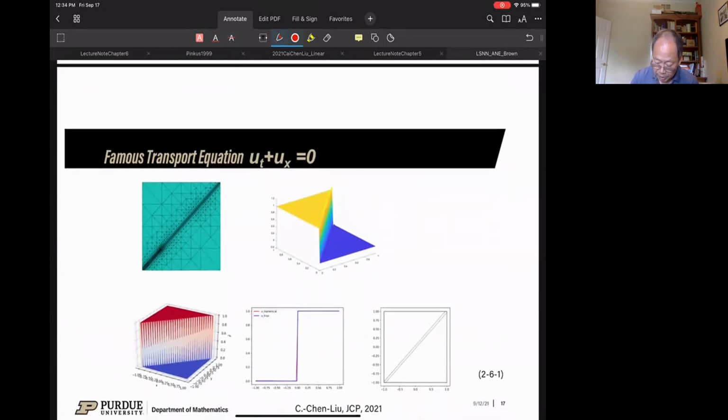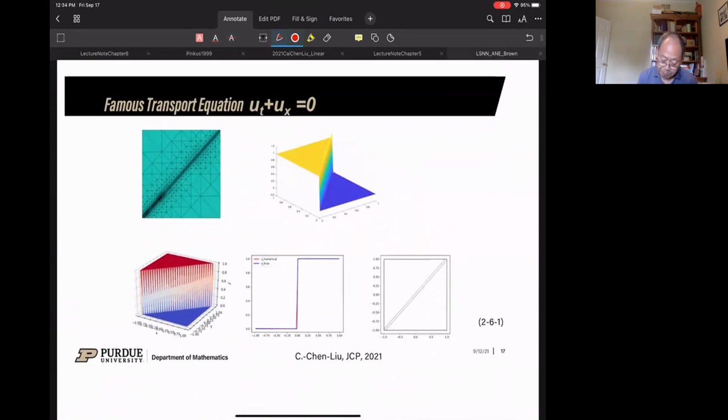Okay, so let me show you what we have. We basically use a 2-layer neural net with only 6 neurons for this problem. What you see is the exact solution.